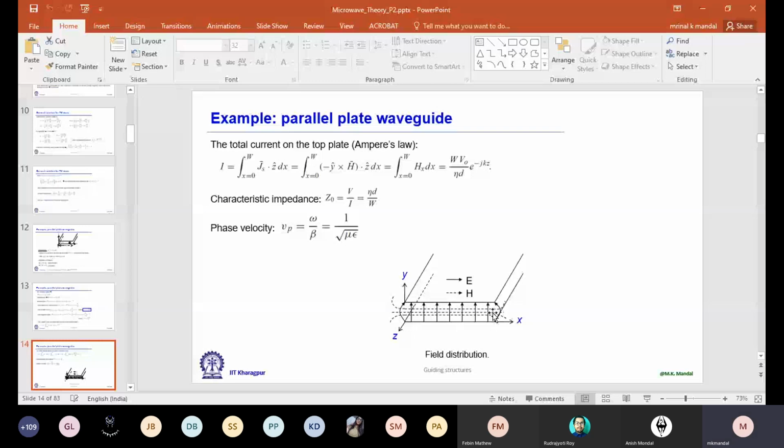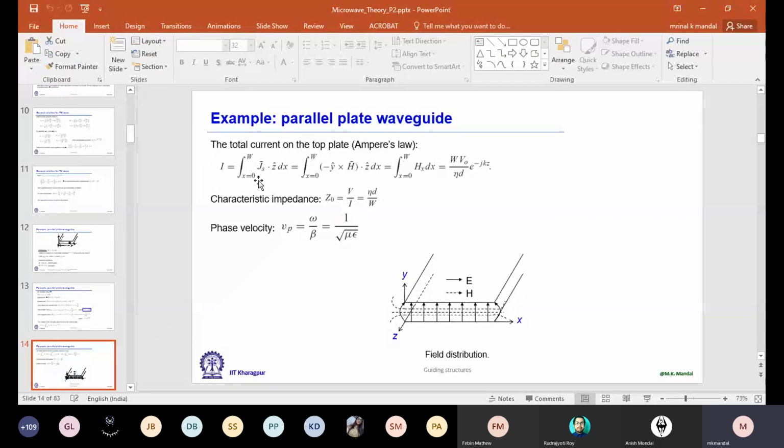Now, how do we calculate this surface current Js? We use the boundary condition relationship, if you recall. The induced current is equal to N cross H. Here N is in the negative y direction, so it is minus y cap cross H. That represents the induced current Js.